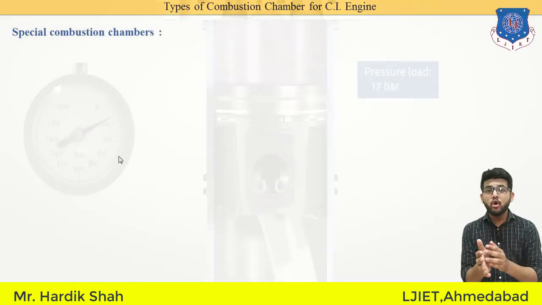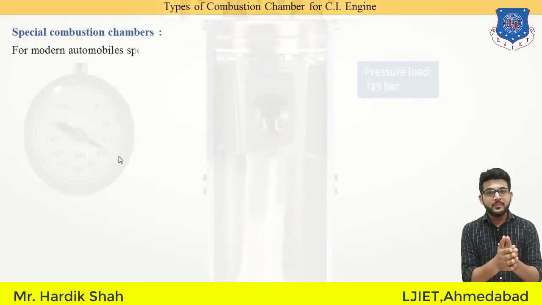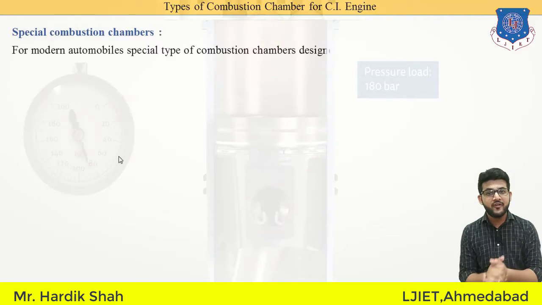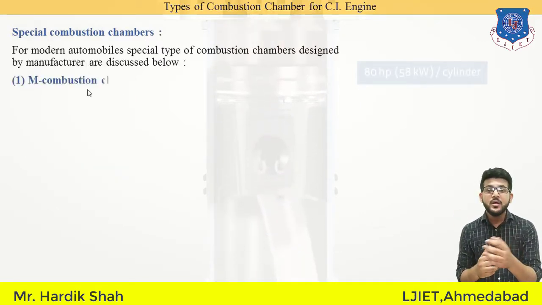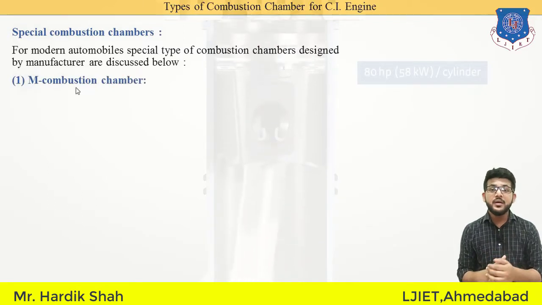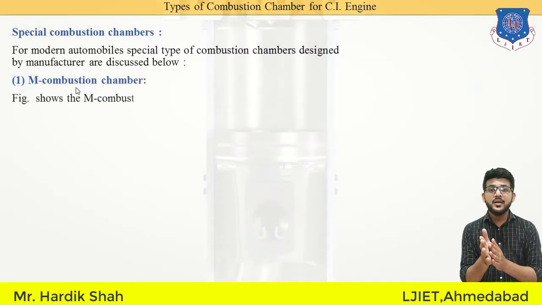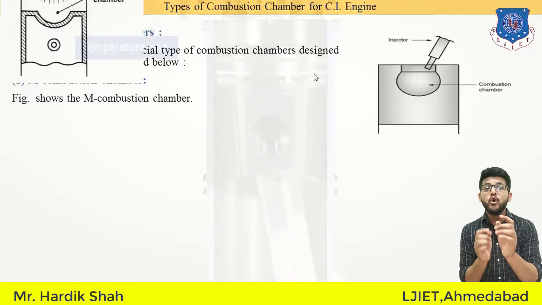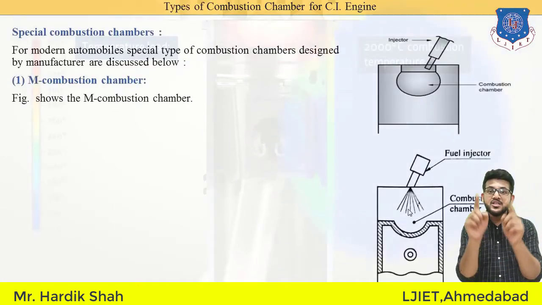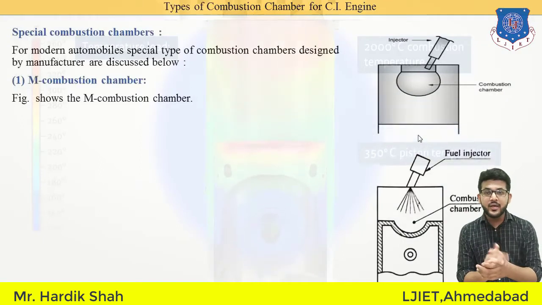For modern automobiles, special types of combustion chambers are designed by the different manufacturers. Some of them can be the M combustion chamber. So what is that? It was actually developed in Germany in 1954. It is a special type of open combustion chamber having a spherical cavity in the piston head.